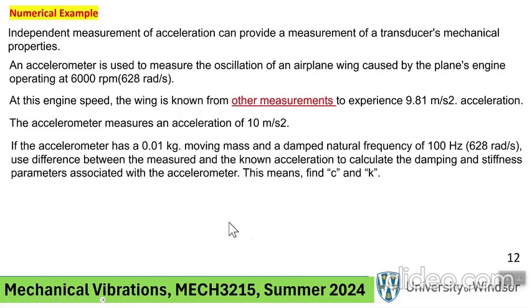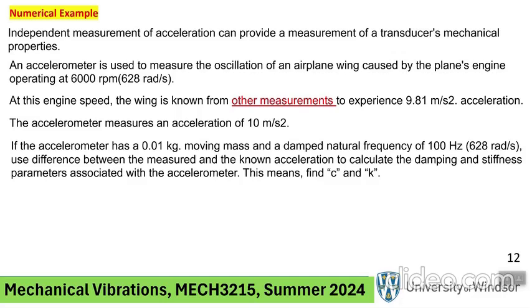Okay, let's give some information about our device. It has a 0.01 kilogram mass in it, so that's 10 grams. And it has a damped natural frequency of 100 hertz.